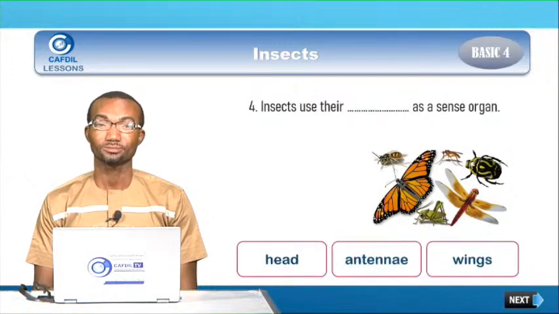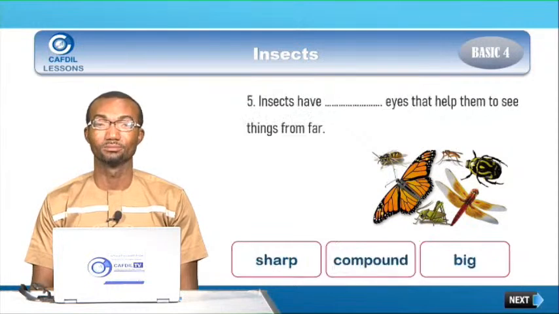Good. 4. Insects use their what as a sense organ? Their head, antennae, or wings? Good. They use the antennae as a sense organ. That helps them to see and feel things around them.